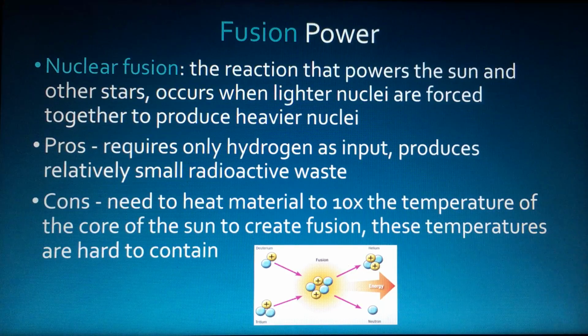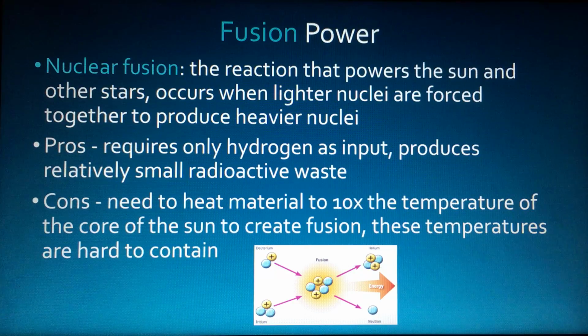The last slide is on fusion power. Nuclear fusion is a reaction that powers the sun and other stars, and it occurs when lighter nuclei are forced together to produce heavier nuclei. Lots of heat is generated during this process, and it's most promising for electricity generation, because 2 hydrogen isotopes fusing into a helium atom release a large amount of energy while a relatively small mass is lost.